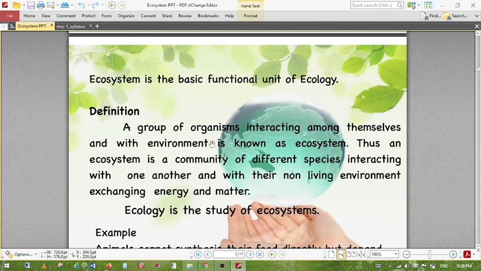Autotroph means they automatically synthesize their food through the photosynthesis process with the help of nutrients and sunlight, with the chlorophyll pigment, the green pigment, and that process is called photosynthesis. Photosynthesis is done by all green plants and trees which have chlorophyll pigment.